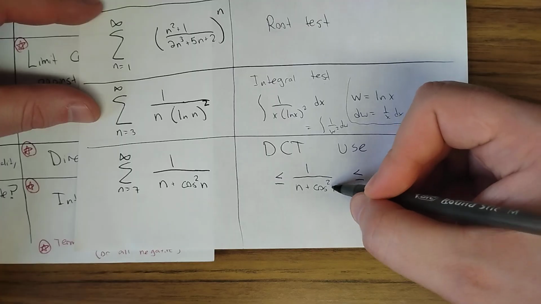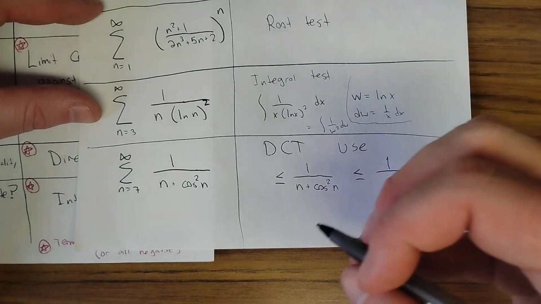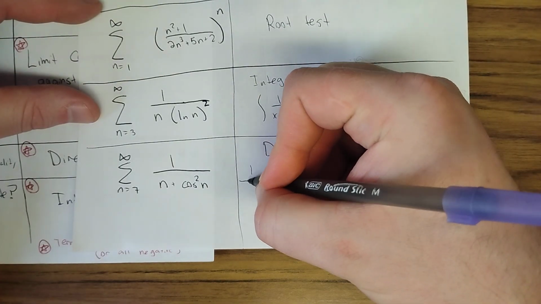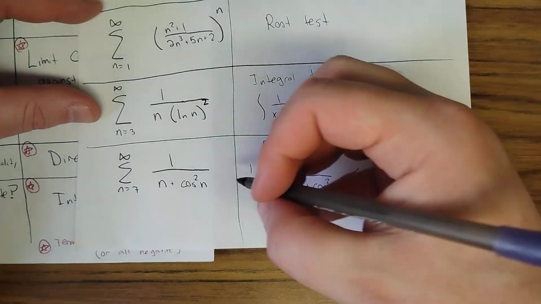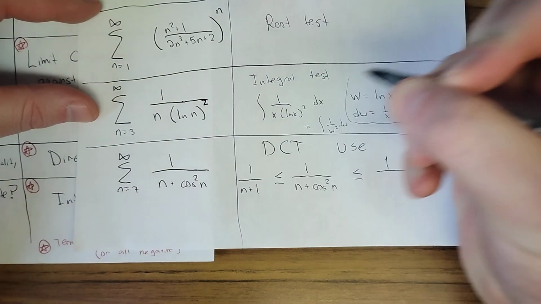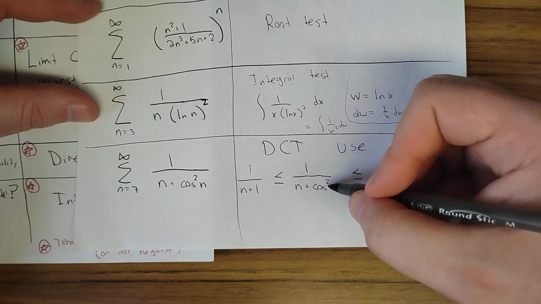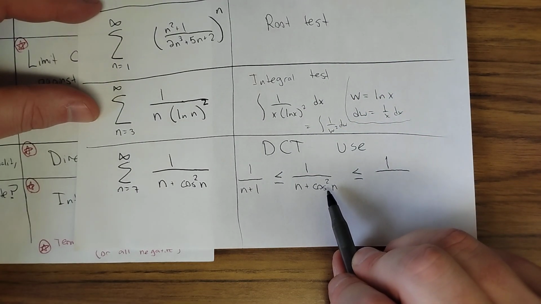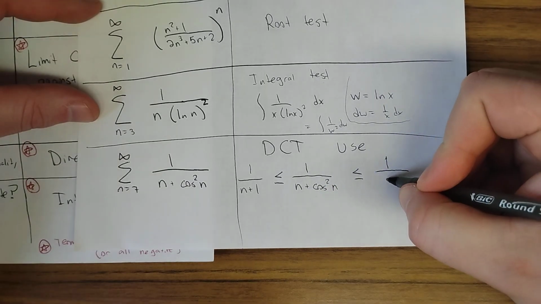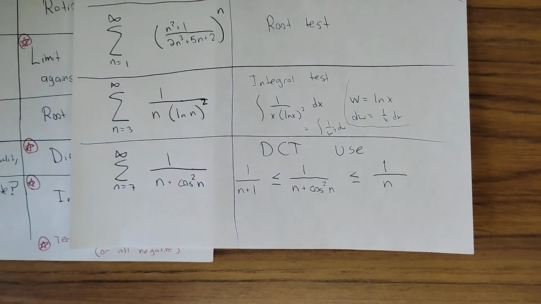So I can make this bottom bigger. If I make this bottom bigger, that's going to make it smaller, so I'll write this here. I can write n plus 1 because cosine squared is at most 1. Of course, cosine squared is also at least 0, so I can make the bottom of this fraction smaller by just dropping the cosine squared.